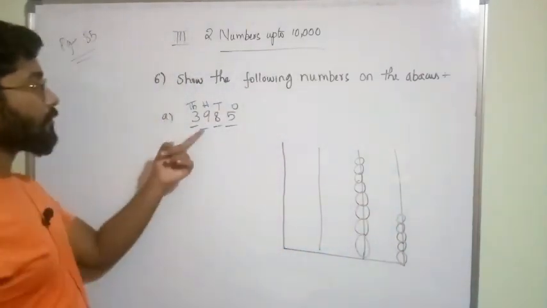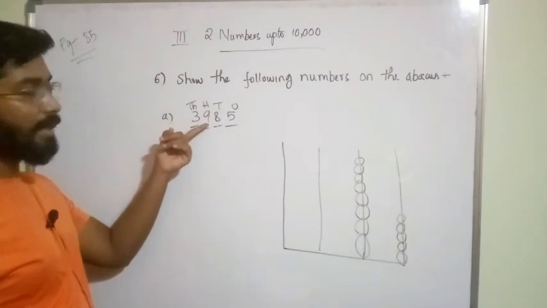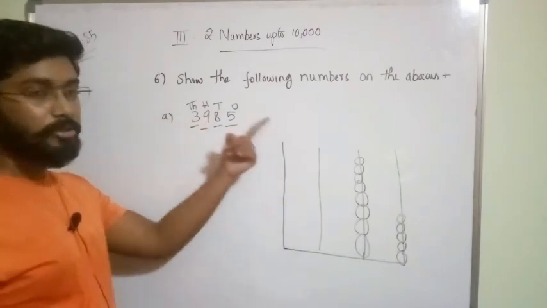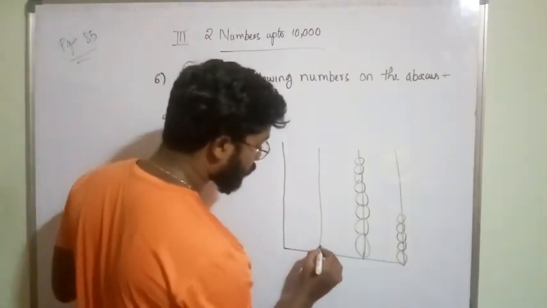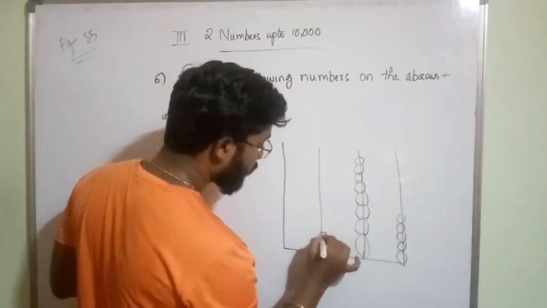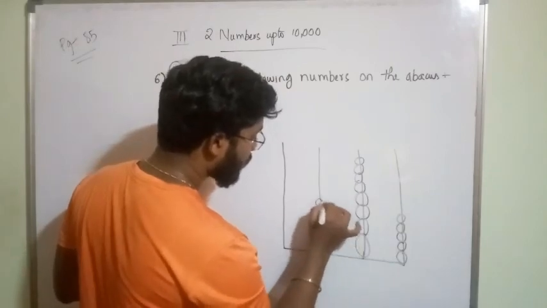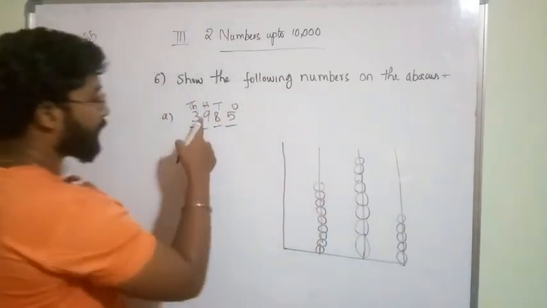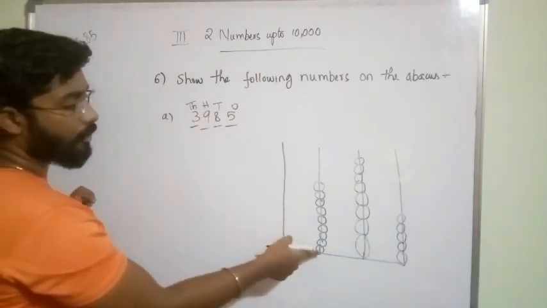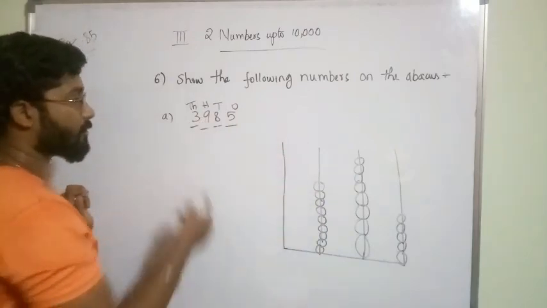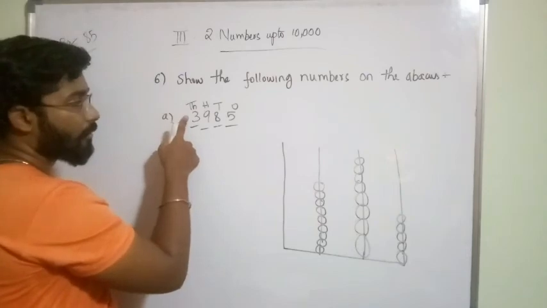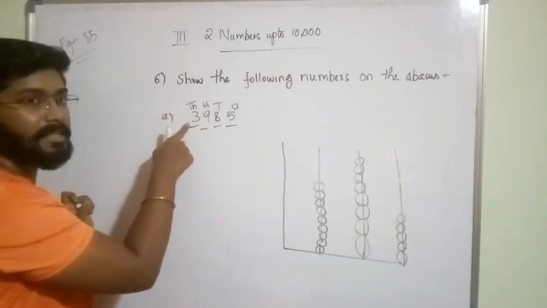Okay. So in hundreds place 9 is there. How many beads I should draw in hundreds rod? 1, 2, 3, 4, 5, 6, 7, 8, 9. So I have to draw 9 beads in hundreds rod. In thousands rod, how many I have to draw? In thousands place 3 is there, no?